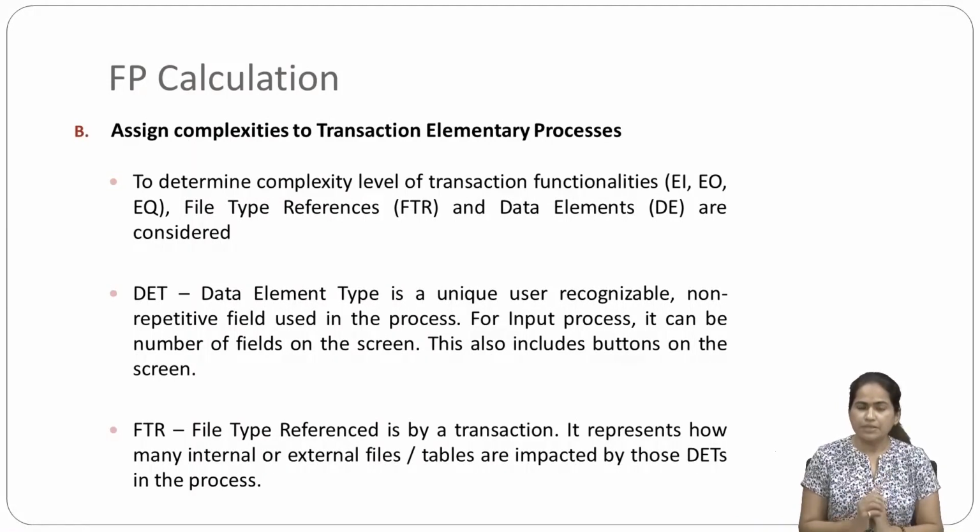We have already discussed that DET is a unique user recognizable non-repetitive field which is used in this process. For an input process, it can be the number of fields on the screen. Whatever number of fields you are able to see on your screen, that can be your DET. This also includes buttons on the screen.